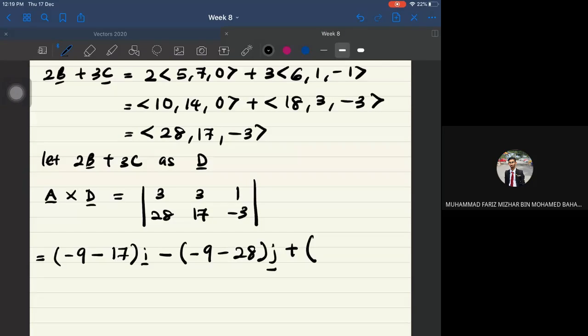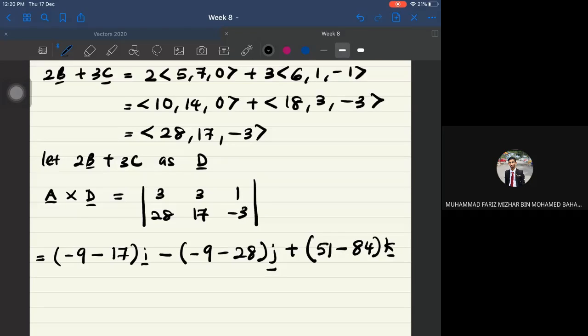Plus, for the last one, cover the third column. So 17 times 3, 51, minus 28 times 3, 84.